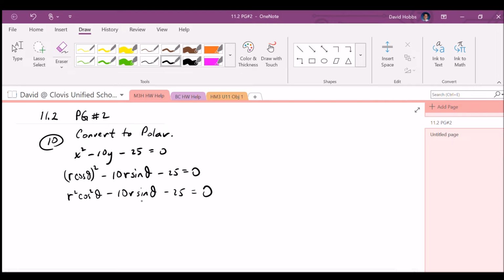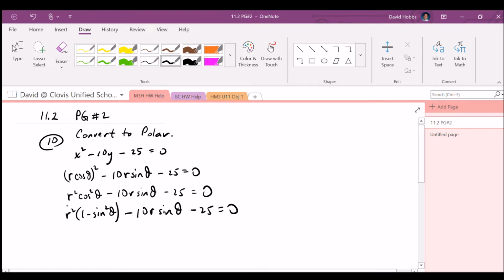We can't really substitute for sine. I mean, substituting 1 over cosecant is really not a good idea. But cosine squared, we could do the Pythagorean identity. And so r squared times 1 minus sine squared theta minus 10r sine theta minus 25 equals 0.